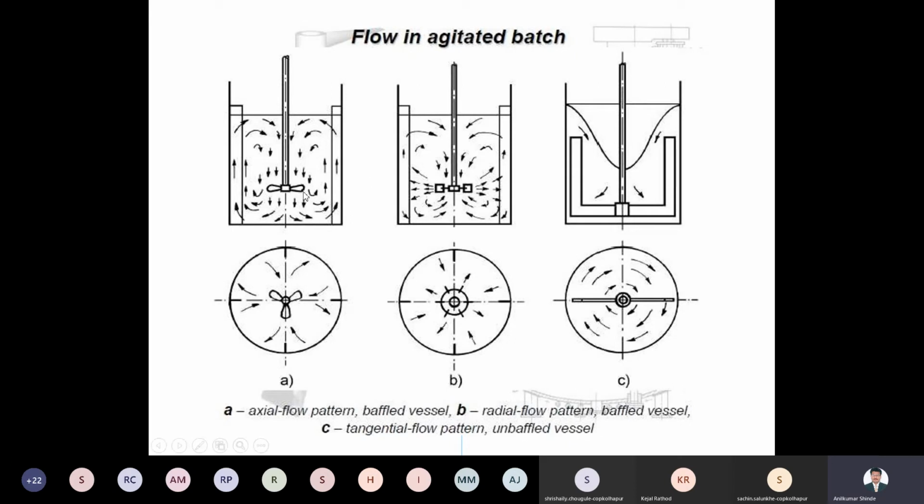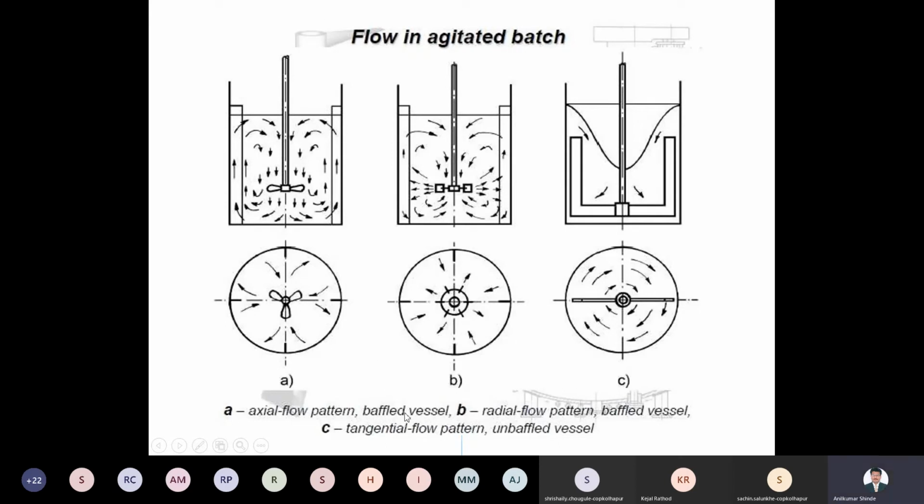In that flow, the material goes in the upward side and again goes in the downward side. Whatever goes to the below side can again go upward, and both are possible. So this flow is called axial flow. म्हणजे इकडून लेफ्ट साइडला पण जाईल आणि लेफ्ट साइडला पण जाऊ शकते, ठीक आहे.